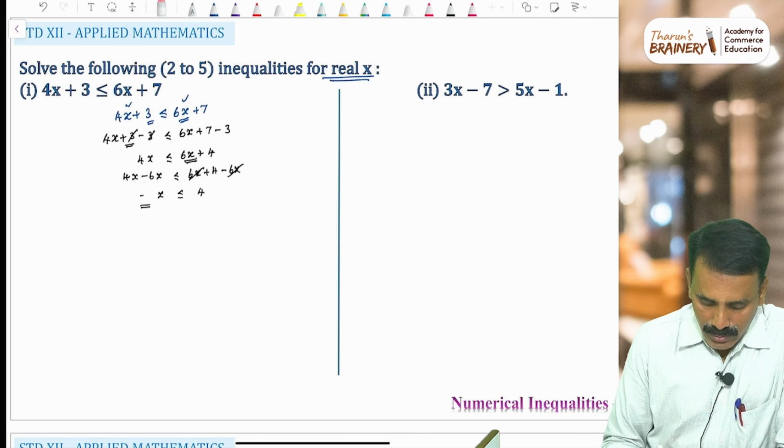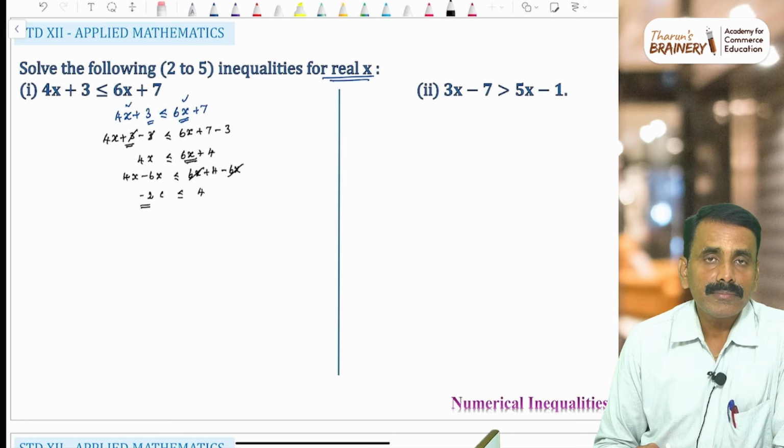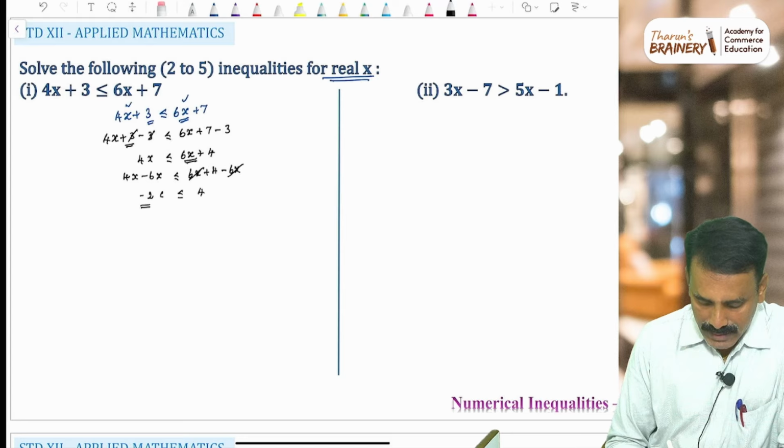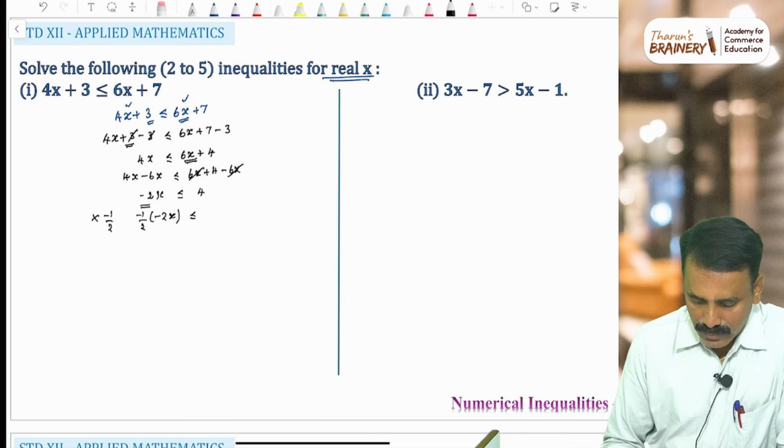Because minus 2 is a negative number. So, when I multiply with the multiplicative inverse, minus 1 by 2, what will you get? Minus 1 by 2 into minus 2x less than or equal to minus 1 by 2 into 4.